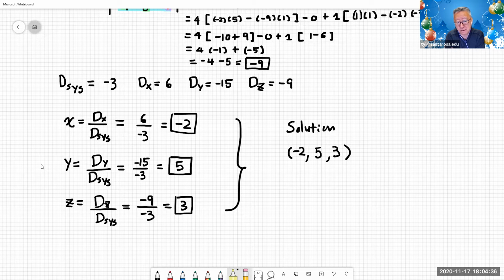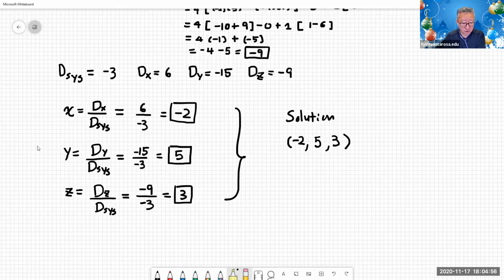Okay, now remember the determinant of the system cannot be zero, and that's going to be the problem for Cramer's rule. So if you find that the determinant of the system is equal to zero, then you cannot use Cramer's rule. Okay, so that's the one thing that we're going to have to look at.